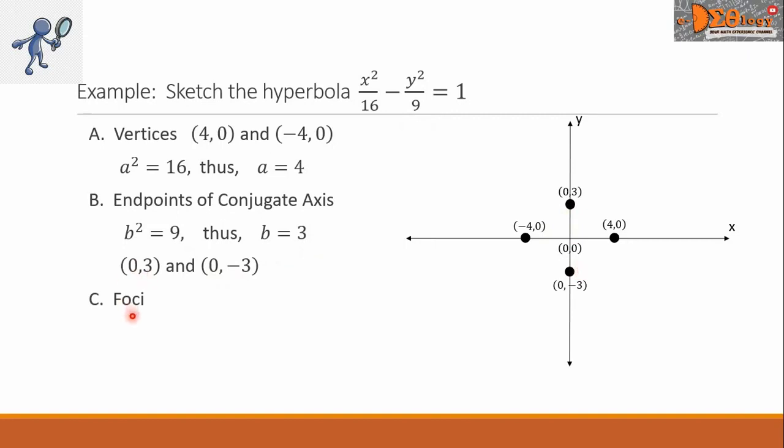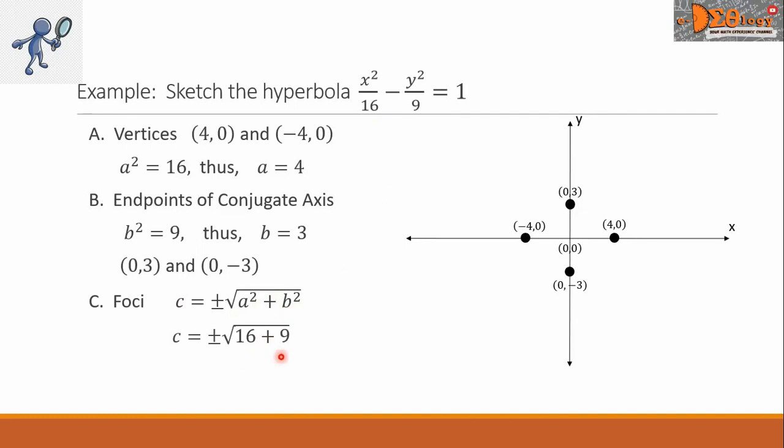Next, the foci. Let us get the value of c using this equation: c equals plus or minus the square root of the quantity a squared plus b squared. The a squared is 16 while the b squared is 9.